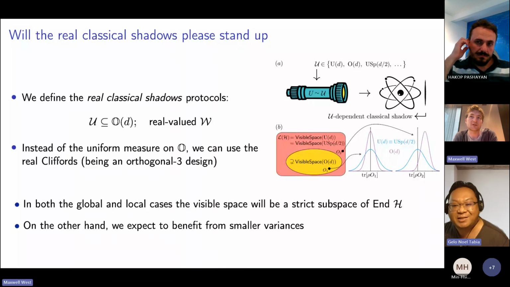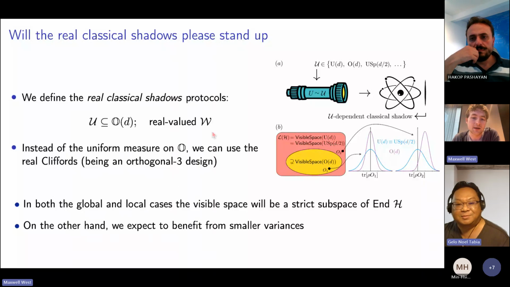Maybe it should be obvious, but not only is it not obvious to me, for example, if you ask the same question about the symplectic group, are the unitary symplectic Cliffords a unitary symplectic 3-design? I don't know what the answer is. So I think it's not obvious.